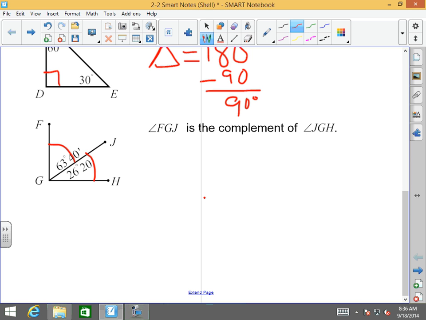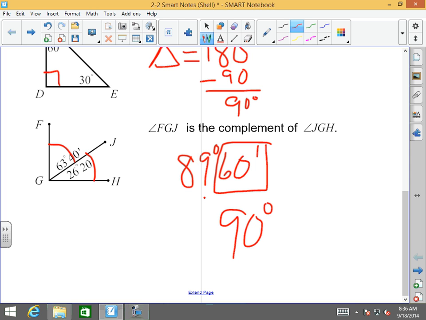But I can prove that because 63 degrees and 40 minutes plus 26 degrees and 20 minutes is going to equal 89 degrees and 60 minutes. Remember, my brothers, that 60 minutes equals 1 degree. So 89 degrees plus the 1 degree equals 90 degrees.